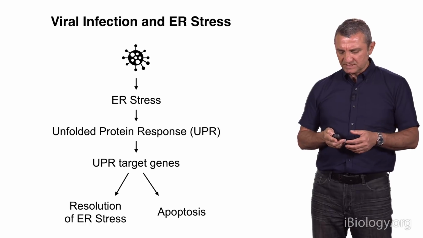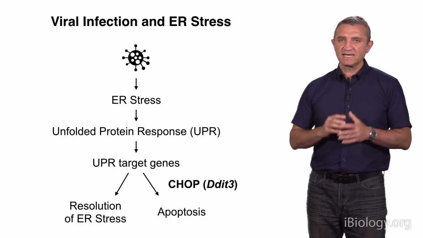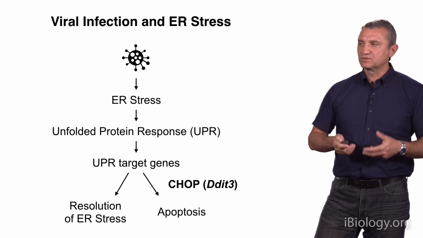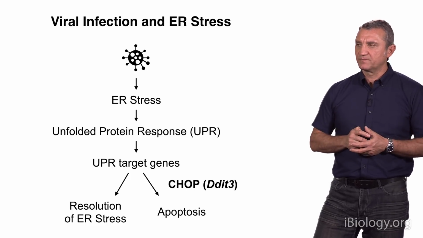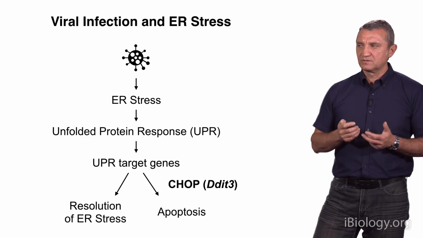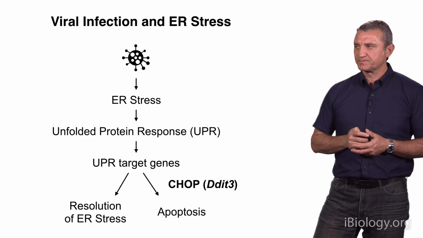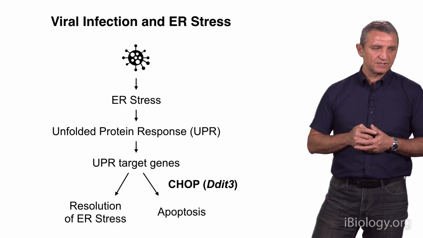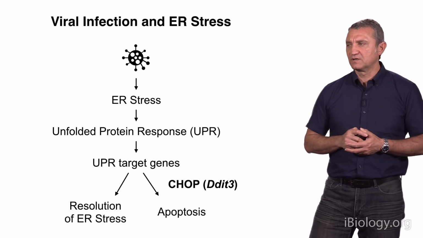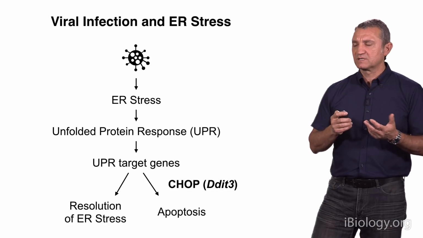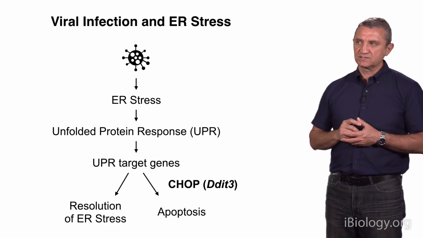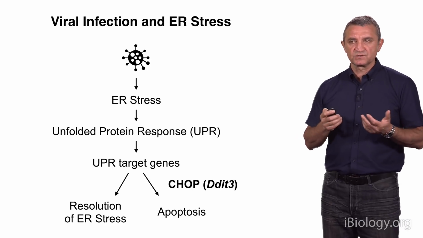However, if ER stress is excessive, then the second branch of the pathway is induced, leading to transcriptional induction of a transcription factor called CHOP that leads to cell death through apoptosis. And because glucose availability can also impact on protein glycosylation in the ER, it can also lead to ER stress. So when cells are deprived of glucose, that can lead to ER stress. And viral infection can also lead to ER stress.